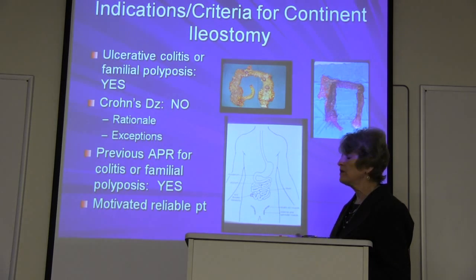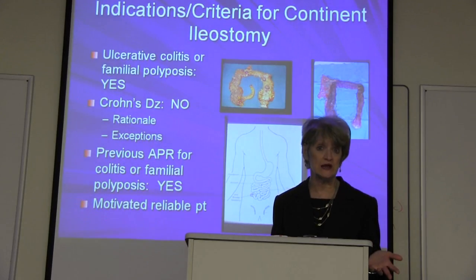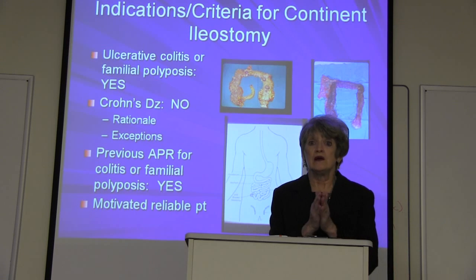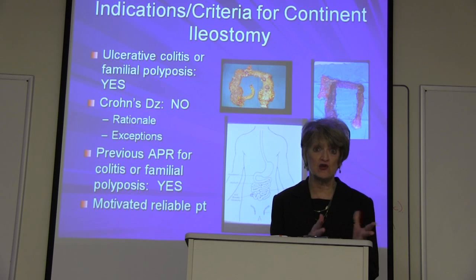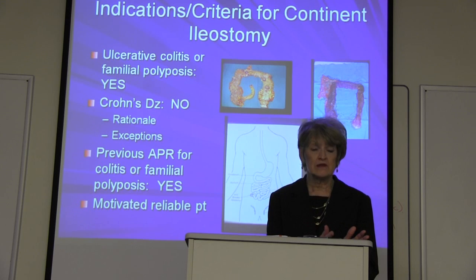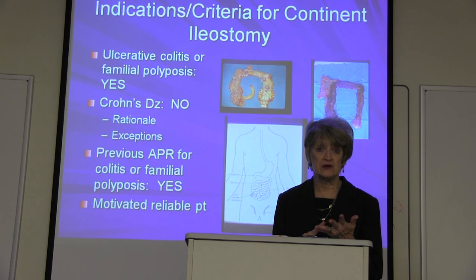Now, what about a patient who some years ago, maybe 10, 15, 20 years ago, had a total colectomy, removal of the rectum, the anal canal, and the sphincters for either ulcerative colitis or familial polyposis? So essentially they had a proctocolectomy. They have no anal canal and no sphincters.